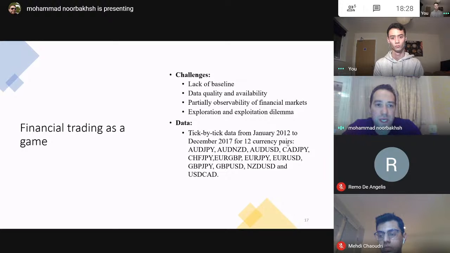Okay, so I move on to financial trading as a game. This is a paper where the authors tried to build a trading model to trade in the FX market.